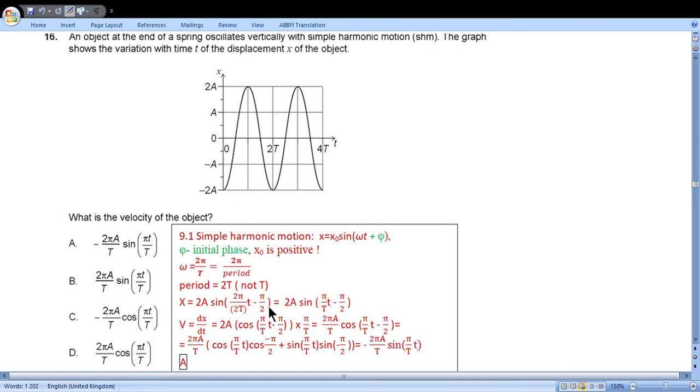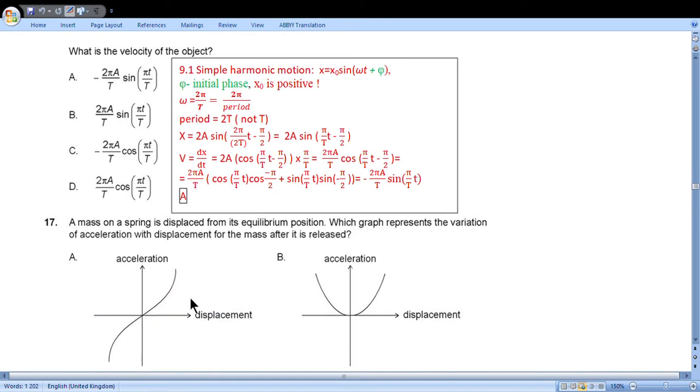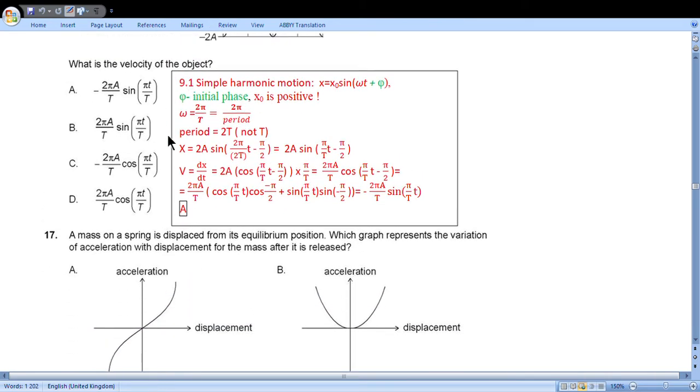And we find velocity as the first derivative of displacement. After using the formula of cosine of sum, we get this expression A. So I look at this transformation.